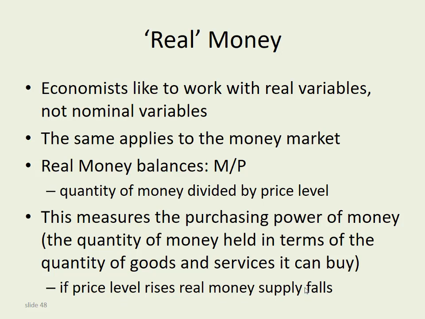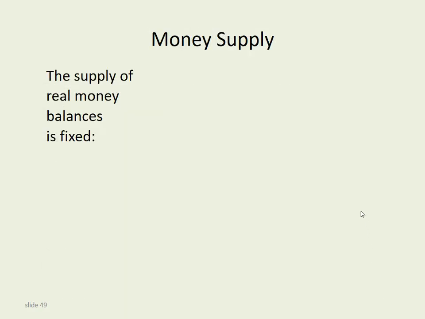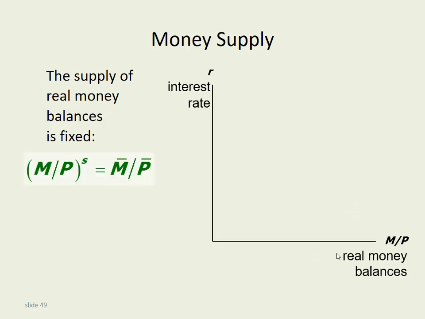Having said that, for the remainder of this lecture we're still assuming the price level is fixed, so it wouldn't actually make any difference here. In the next lecture, we'll get rid of that ridiculous assumption and let the price level change. For now, it's fixed. Looking at the money supply, here we've got the amount of real money, M divided by P, and here's the interest rate, which you can conceive of as the price of money.